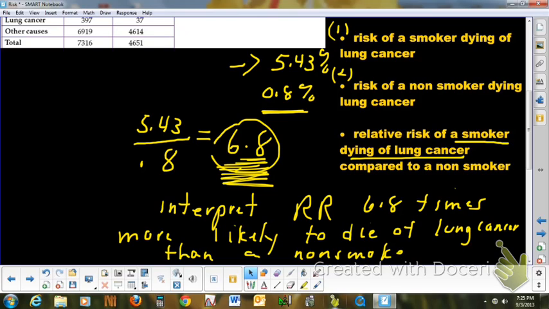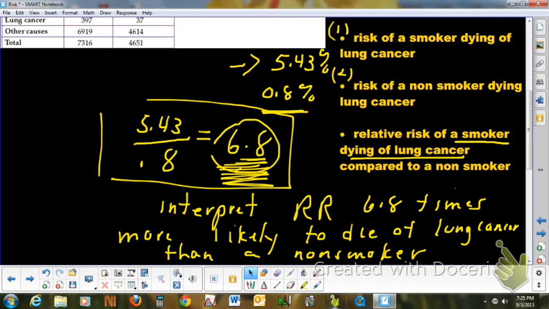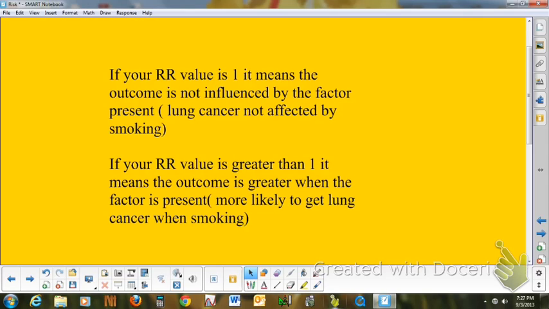That's what it interprets. So if you get a positive number here when you do this relative risk calculation, it's always going to tell you basically how many times more likely something is to happen based on the variable that you're looking at. In this case, it was dying of lung cancer and being a smoker. And that's relative risk, and that's how you calculate it.